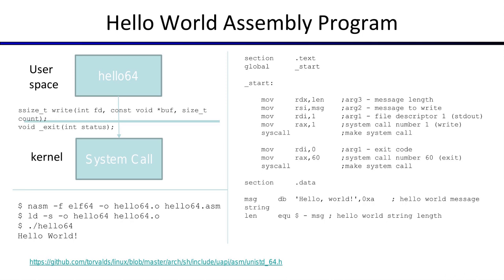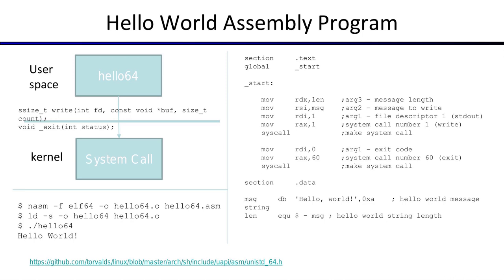The second parameter is a pointer to a buffer where the string is that we want to write out. And the third parameter will be the count, the size of the write operation, the length of what we are trying to write. It also returns back one value, and that is the number of bytes that were written. Now we can ignore that return value.